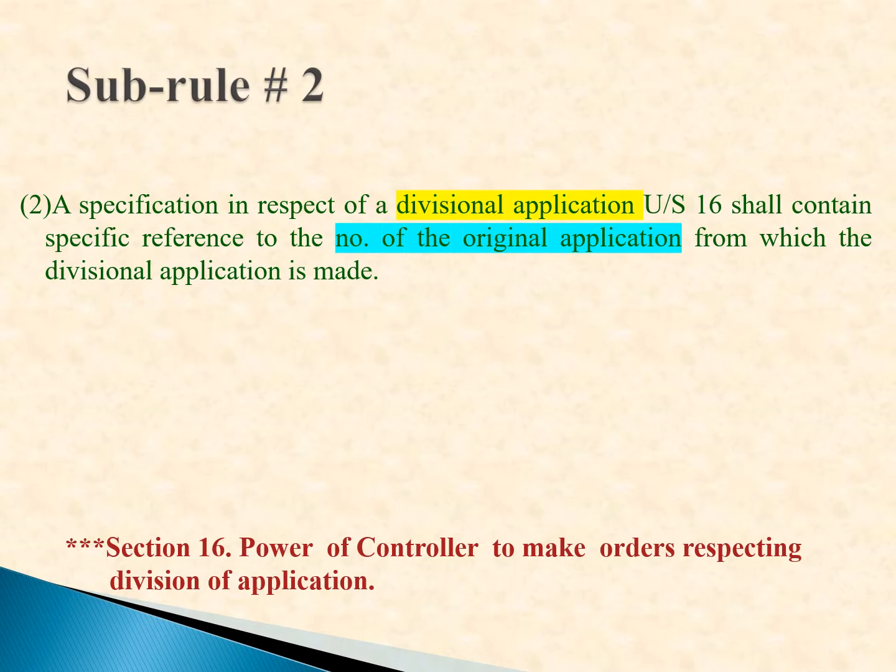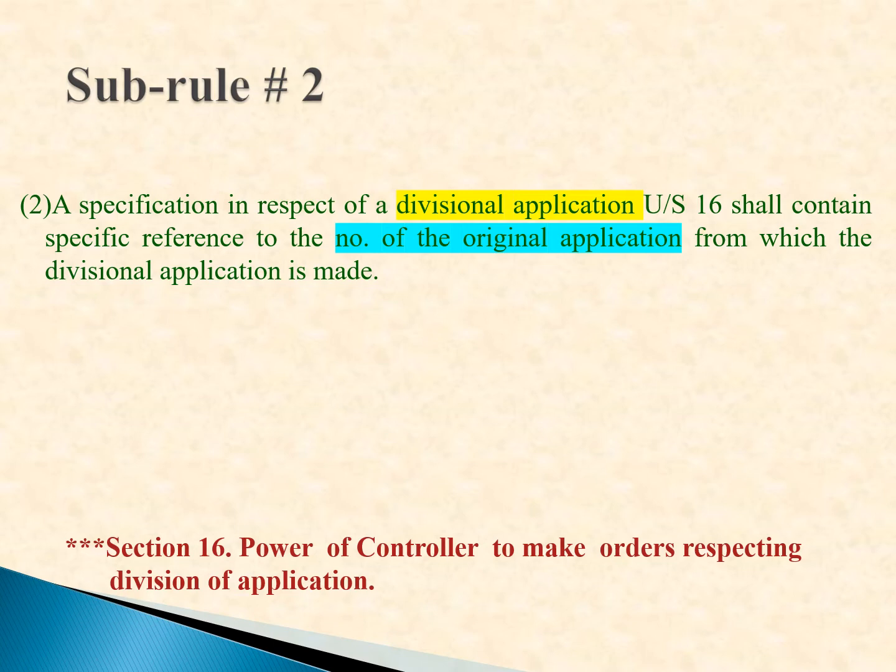Subrule 2 says a specification in respect of a divisional application under section 16 shall contain specific reference to the number of the original application from which the divisional application is made. What is section 16? This is power of controller to make orders respecting division of application. Actually friends, divisional application is a separate topic.